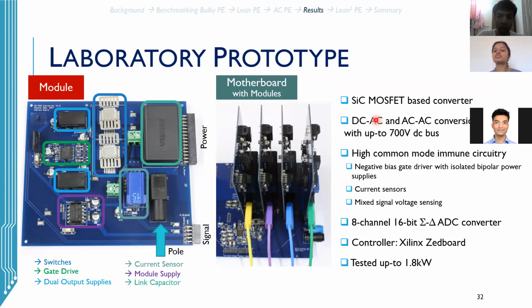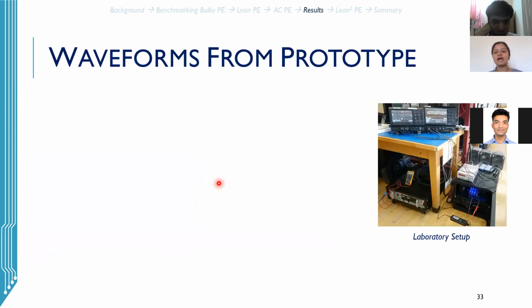We used silicon carbide MOSFETs, rated for up to 700 volts DC bus, and we tested up to about 2 kilowatts of power conversion. This is the laboratory prototype from the lab, and the setup is sitting right here in the cabinet.